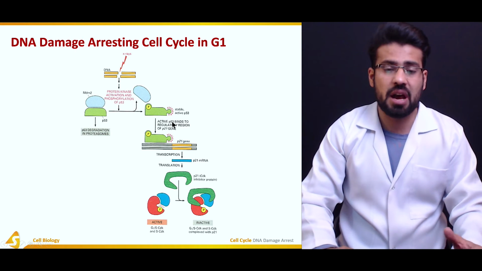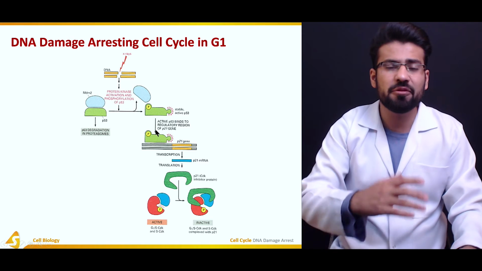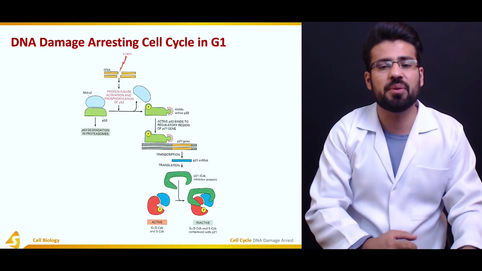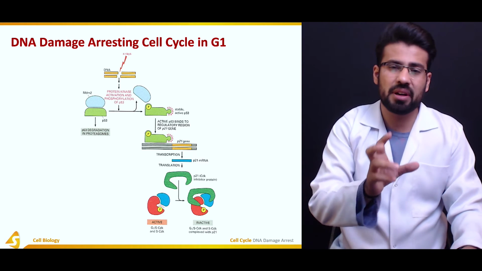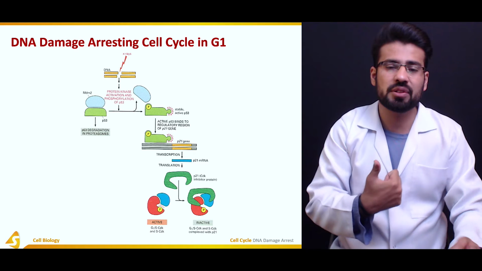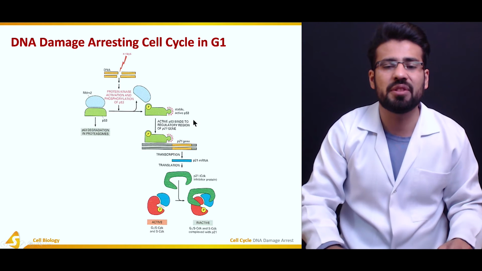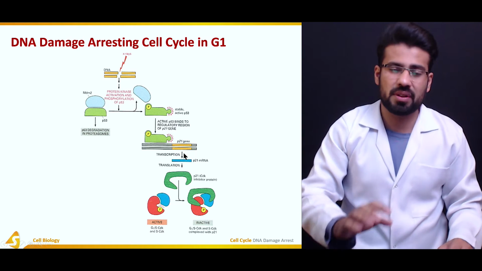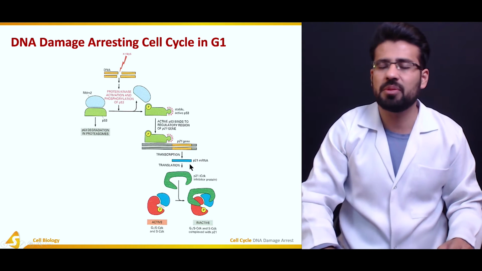Now, this is followed by the active p53 binding with the regulatory region. This p53 plays an important function in binding with the regulatory region of the p21 gene, resulting in the transcription of the p21 messenger RNA.